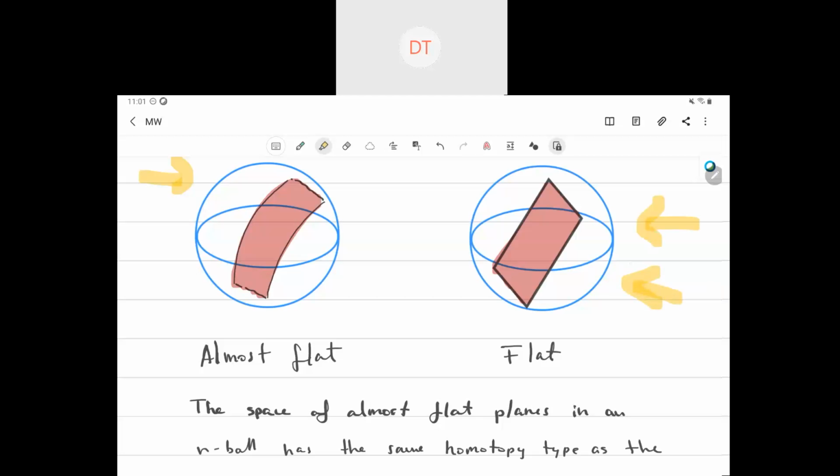The way we can get the right thing from the left one is we can consider this almost flat surface and find its center of mass, and that gives me a plane that's tangent at that center of mass, and that uniquely defines a plane corresponding to this almost flat thing, giving me something of the right-hand side type.